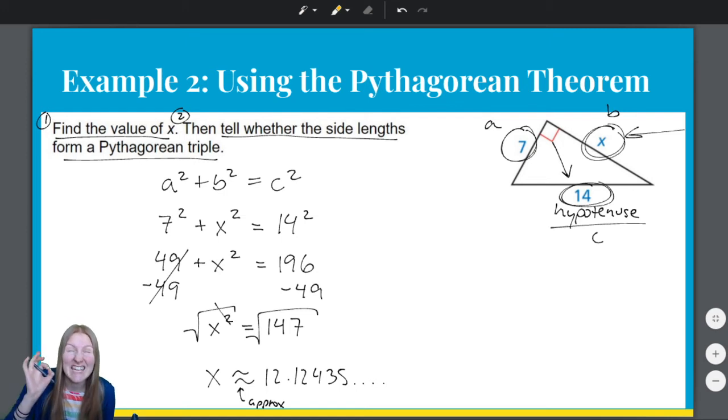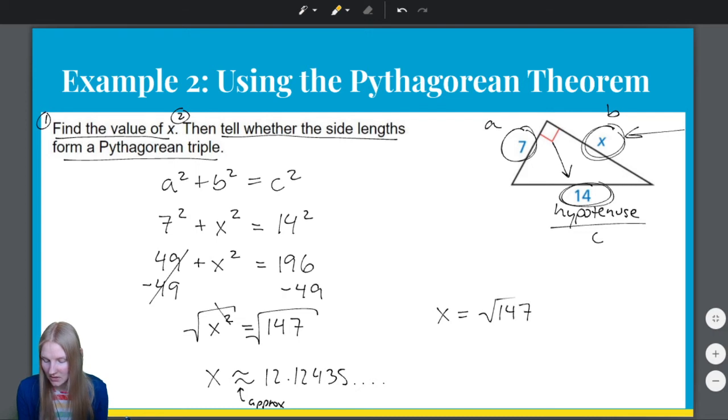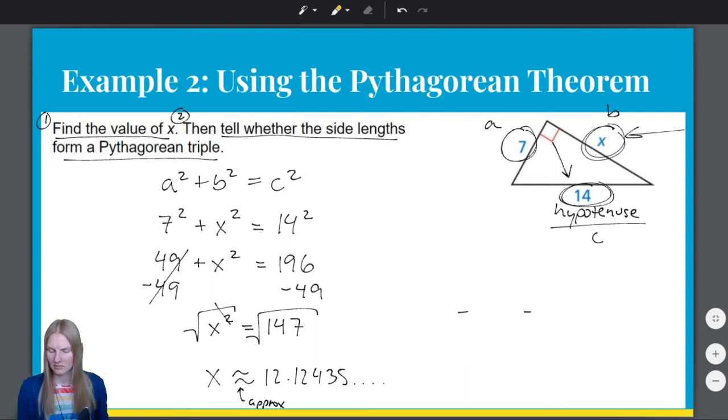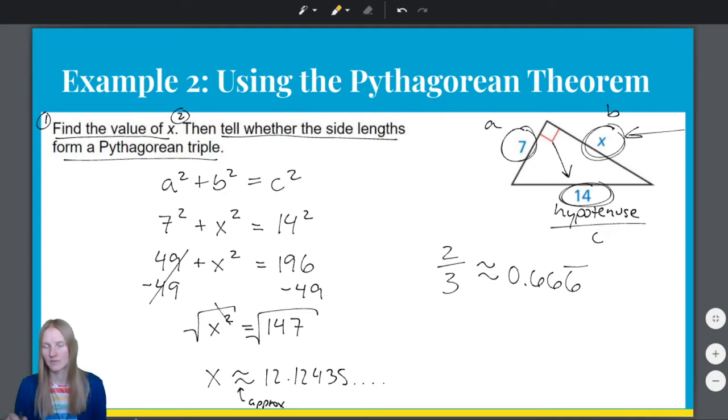Sometimes we want an exact answer, which means that we're going to take x equals the square root of 147. This is the exact answer. But can we simplify this at all? For example, if you ever got an answer of 2/3, well, 2/3 is approximately 0.6666 repeating.